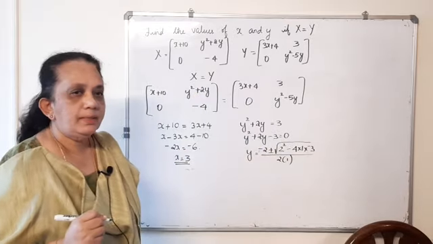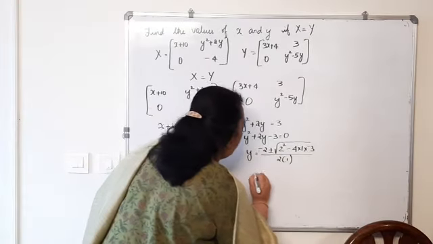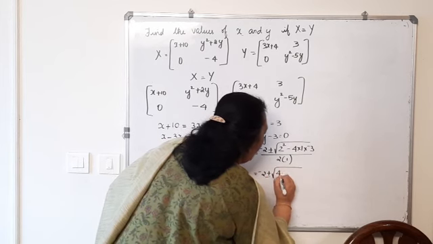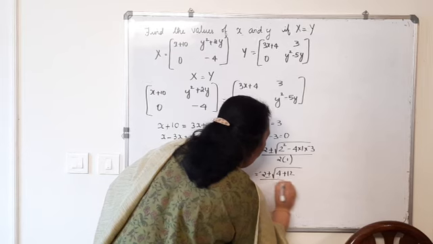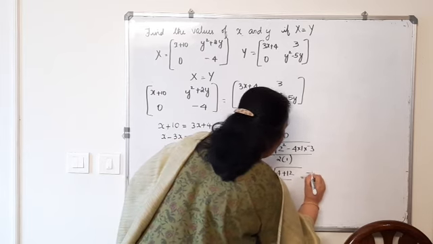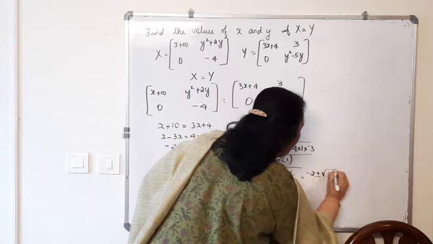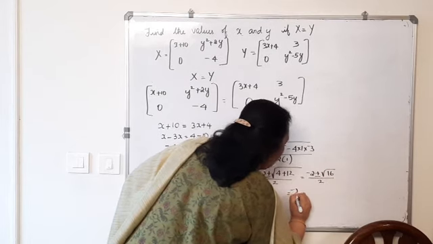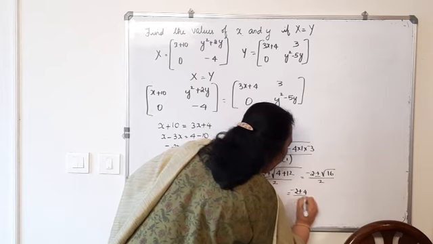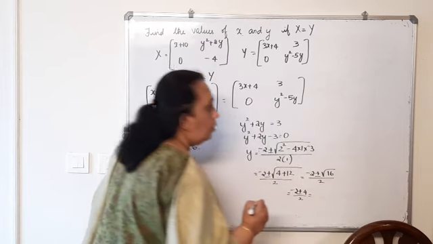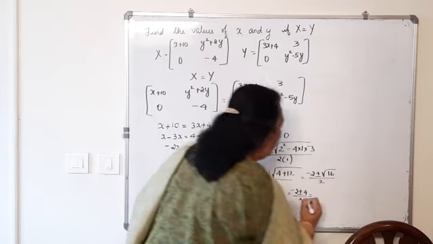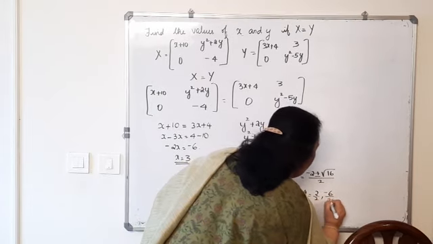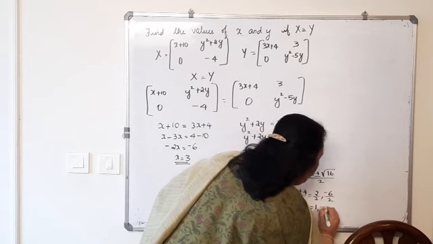I hope you remember this formula. That is equal to minus 2 plus or minus root of 4 plus 12 divided by 2, which is minus 2 plus or minus root of 16 divided by 2, that is minus 2 plus or minus 4 by 2. That gives 2 by 2 and the other one is minus 6 by 2, that is 1 and minus 3.